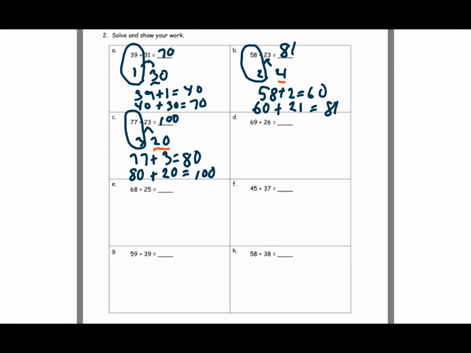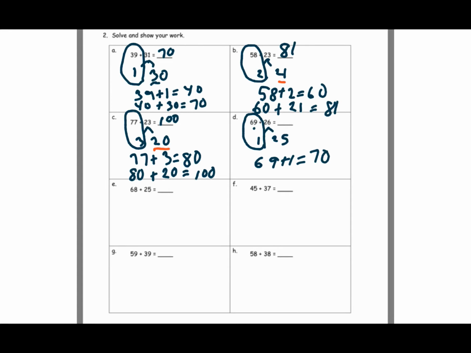Let's go on to letter D. Oh, boys and girls, look at this. Letter D, this 9 just needs 1 more to get to the next 10. So I'm going to decompose this 26 into 1 and 25. And I'm going to add the 69 plus the 1. 69 plus 1 is equal to 70.